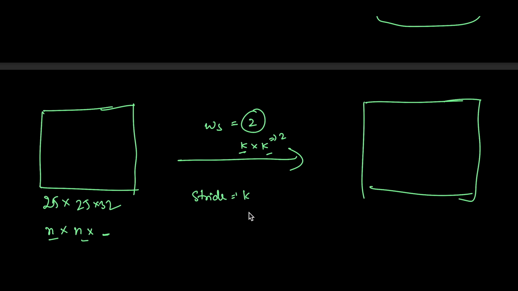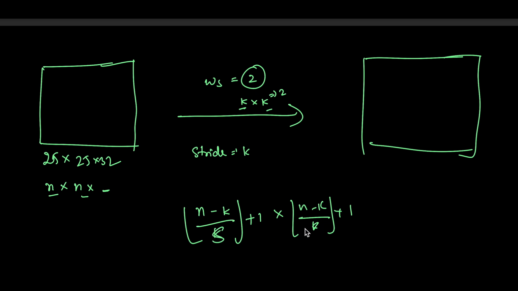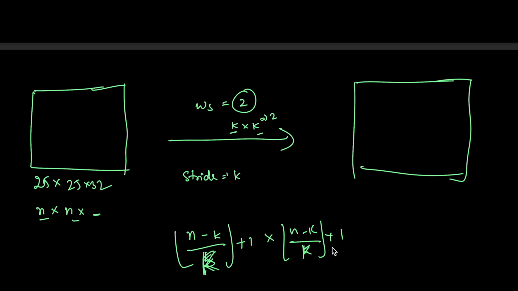If the stride is s, then the formula is n minus k by s plus 1. As the stride is k, it will be n minus k by k plus 1 cross n minus k by k plus 1. These formulas are already explained in my previous videos. Please check them out.